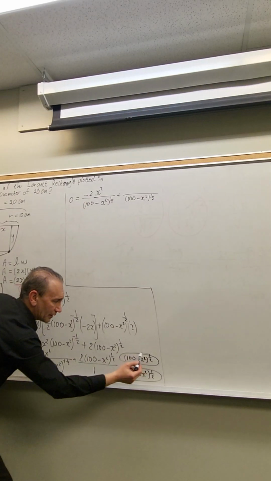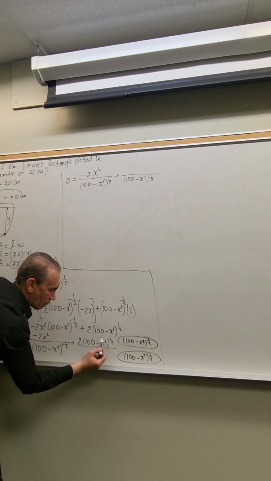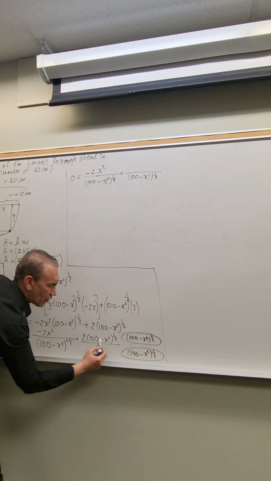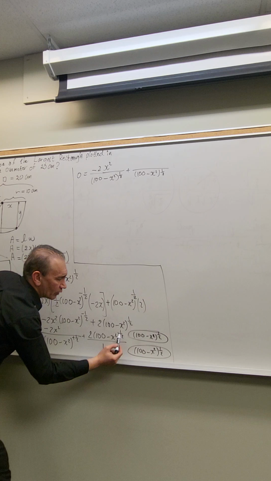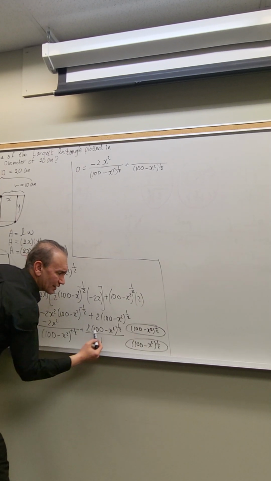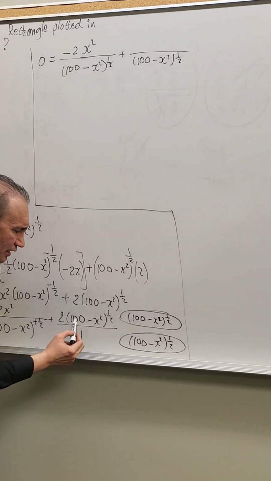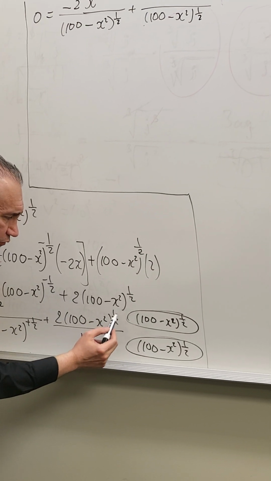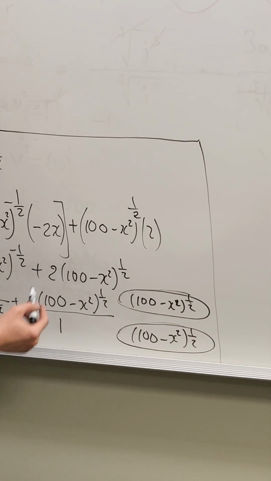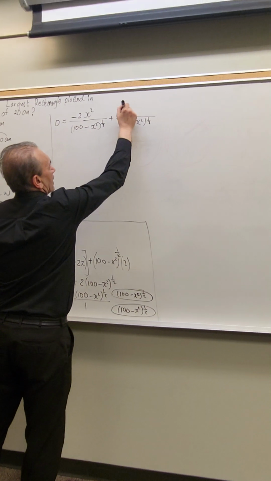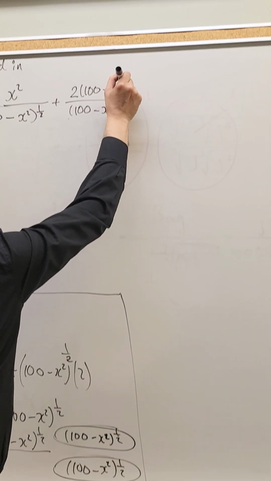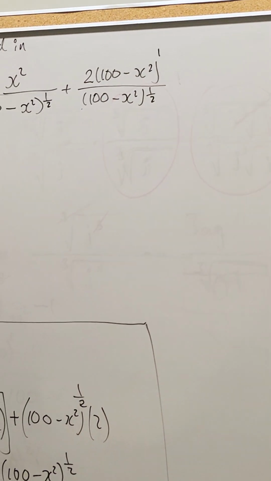But now I'm going to multiply this by this, which makes the bracket to the power of only 1, because in multiplication we add exponents for like bases. So (100 minus x squared) to the power of 1/2 times (100 minus x squared) to the power of 1/2 will be 100 minus x squared to the power of only 1.